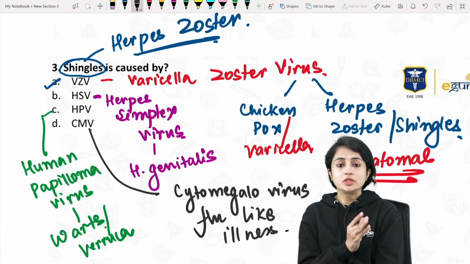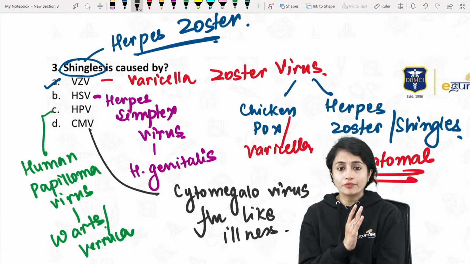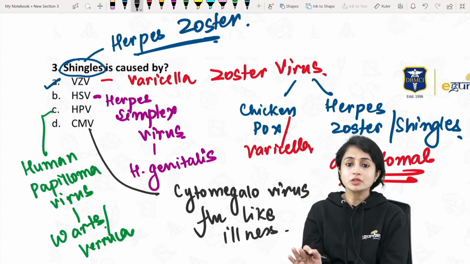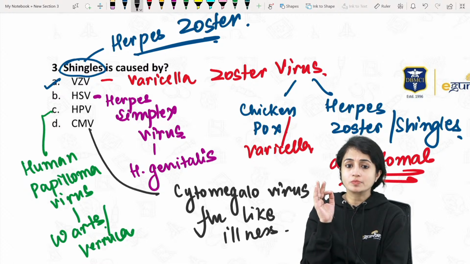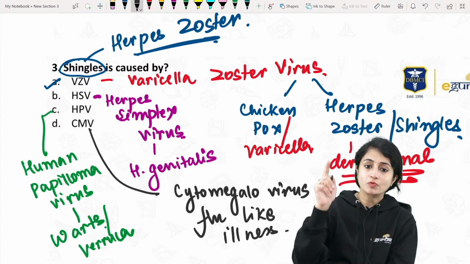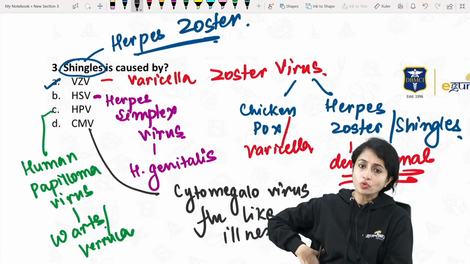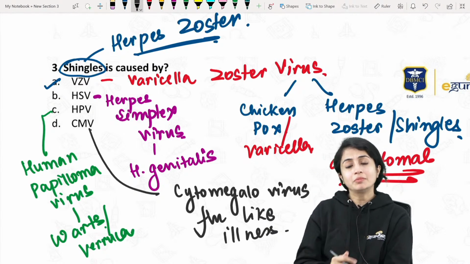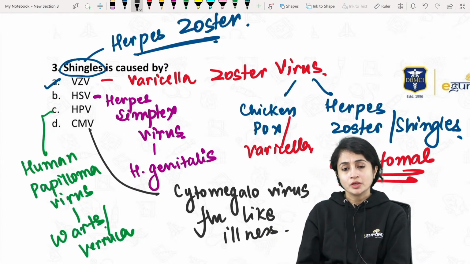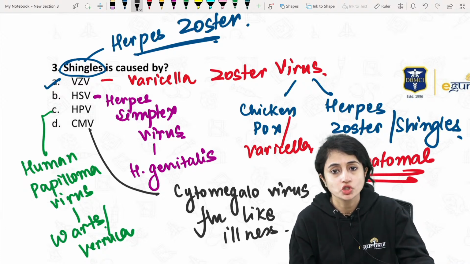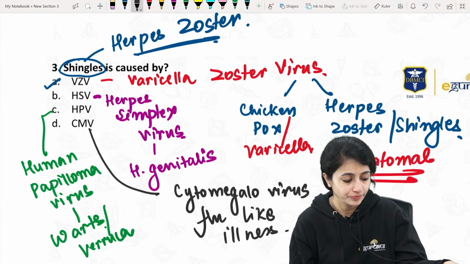Okay, so these are the different types of viruses that we talked about. Remember, shingles is herpes zoster. How does herpes zoster present? It presents with painful vesicles and bullae, which are strictly present along a dermatome with midline demarcation. And it is the same virus which causes chickenpox as a child.